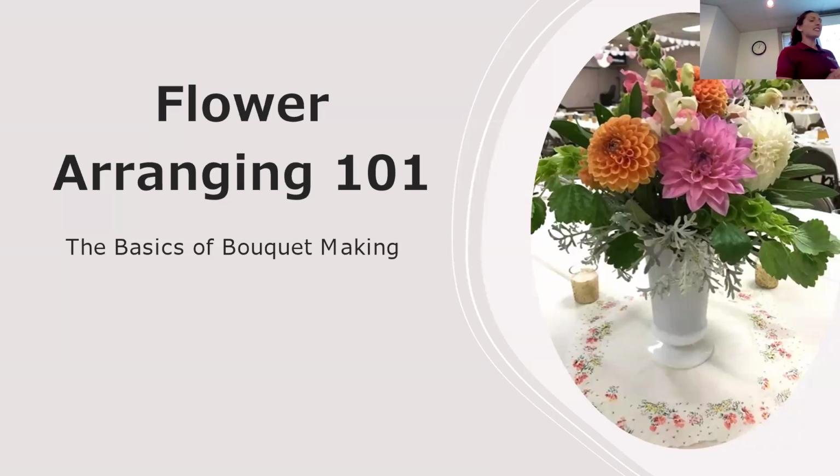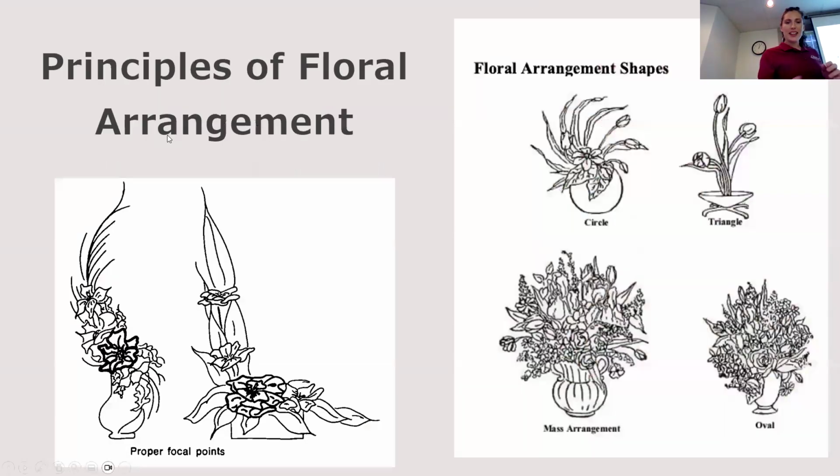Yeah, so there definitely is what they call the principles of floral arrangement, right? People have been arranging flowers for hundreds of years. There's definitely different styles and formalities and techniques.